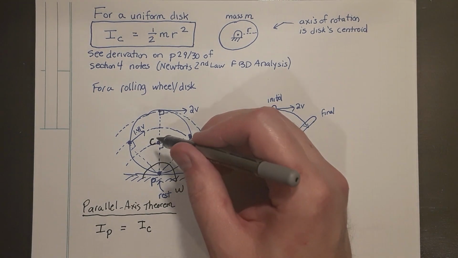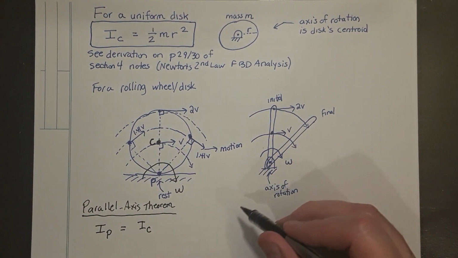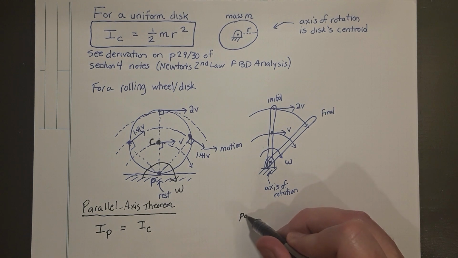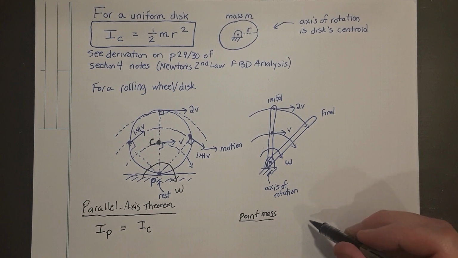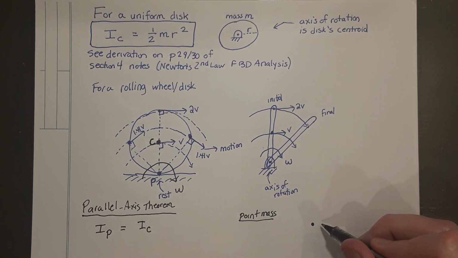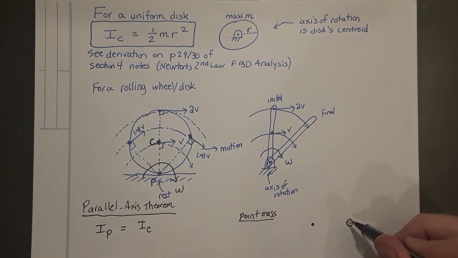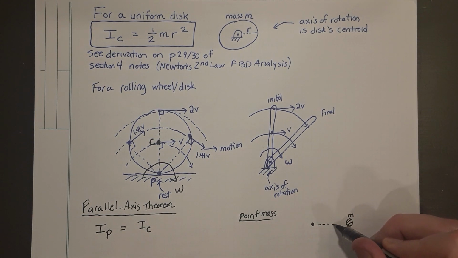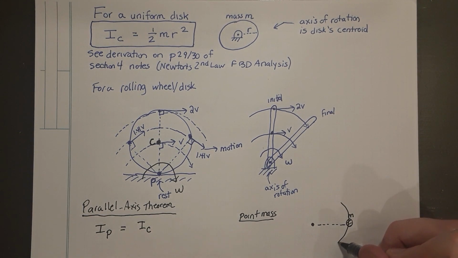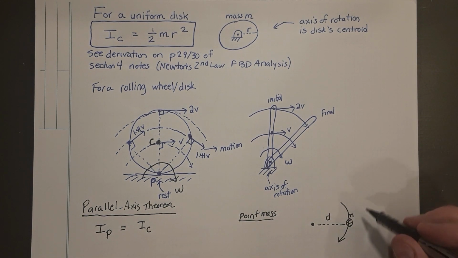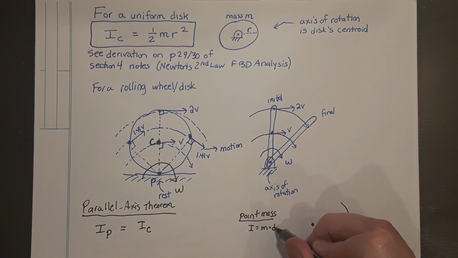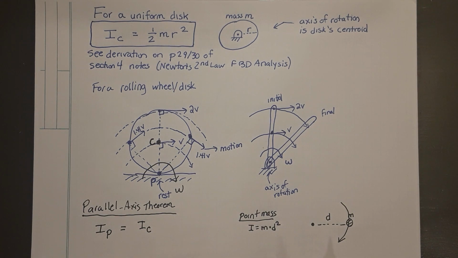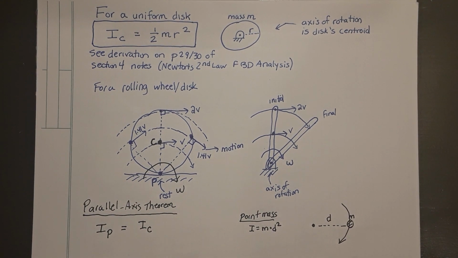But remember, for a point mass, if I try to take a point mass and rotate that point mass around an axis of rotation, the distance from the axis of rotation is d. For a point mass, the moment of inertia, its resistance, will be mass times distance squared. That should be a concept familiar to you from calculus, Math 288.